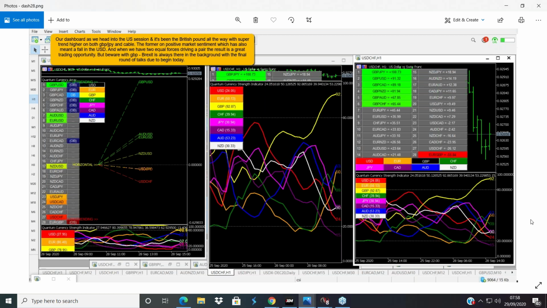I wish it was like yesterday, a huge move in the British pound, and for a couple of reasons. Primarily Brexit: the talks are back on, and in the media there have been some warm words coming out of the EU. The stance is being softened, and so the market thinks there is the possibility of a deal.